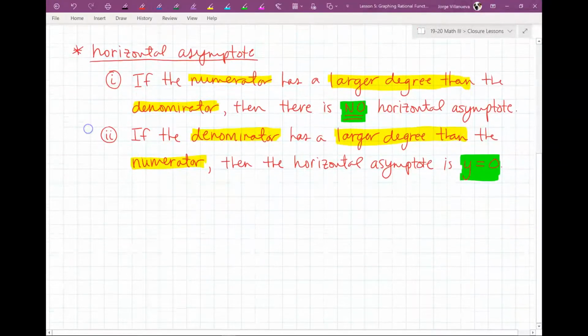Okay, and then the third part, the last part. Okay, so we found that in part 1, if the numerator has a higher degree than the denominator, then there's no horizontal asymptote. Part 2, if the denominator has a larger degree than the numerator, then the horizontal asymptote is y equals 0.